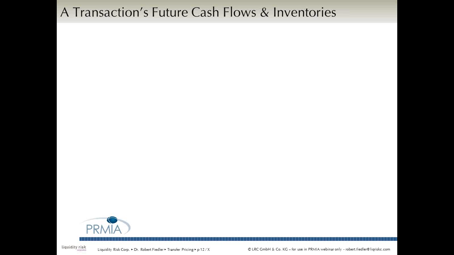So in order to get an idea about the providers and users of liquidity in a bank, you need cash inventories as well. The nostro of the bank with the central bank is the archetypical cash inventory.